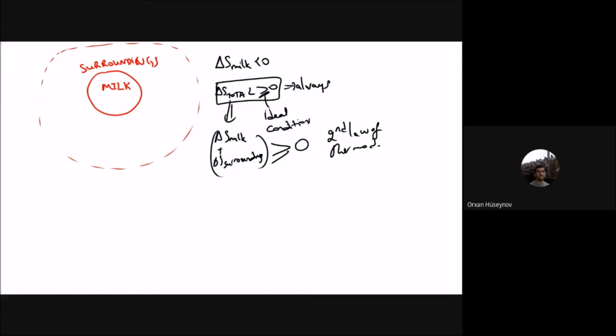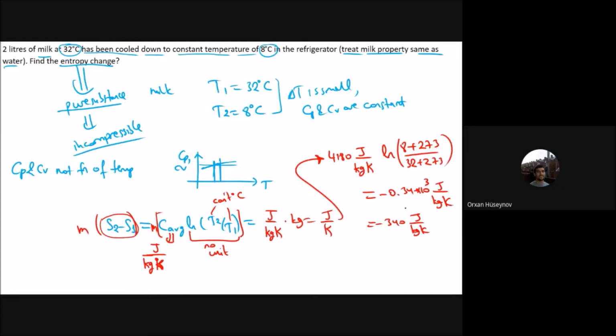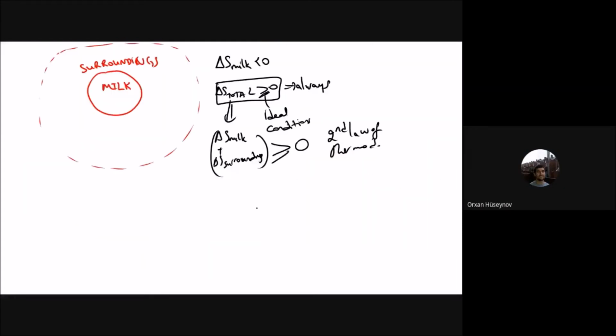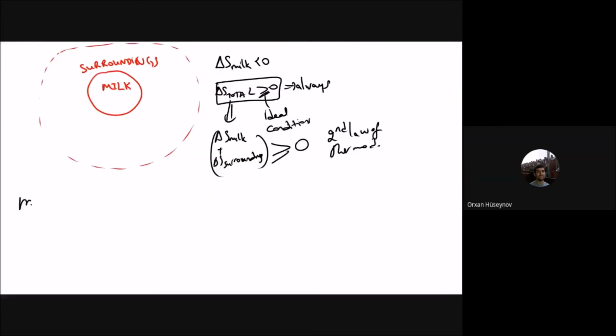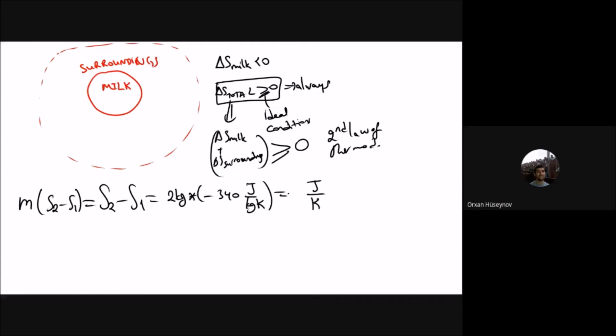Now I found the entropy change of the milk per unit mass, so now I will find it with the mass. If you multiply m by s2 minus s1, written with the uppercase letter, it will be 2 kilograms multiplied by -340 joules per kilogram Kelvin, which equals -680 joules per Kelvin.